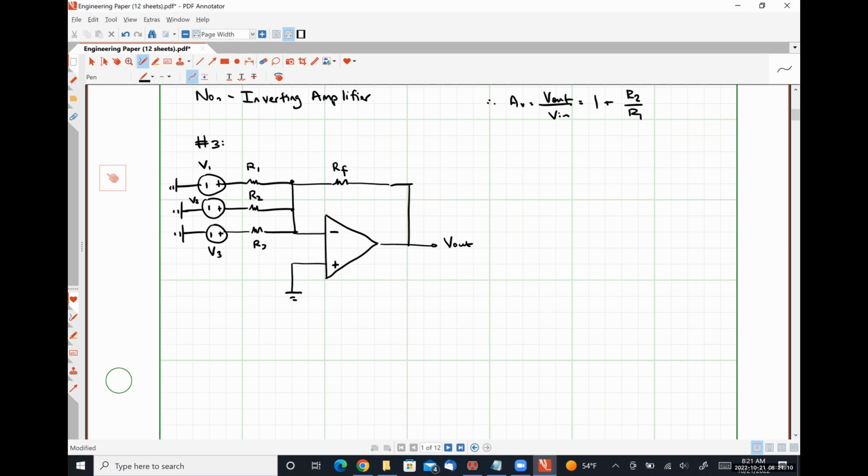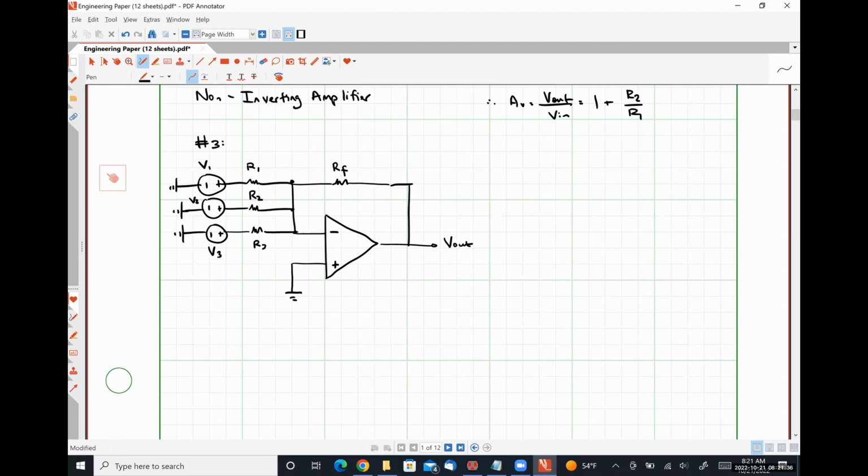So if we looked at this circuit from a superposition perspective, where we looked at each one of our input voltage sources on at a time where the other two were turned off, this is nothing more than an inverting amplifier. And then we could add up the results together at the end.